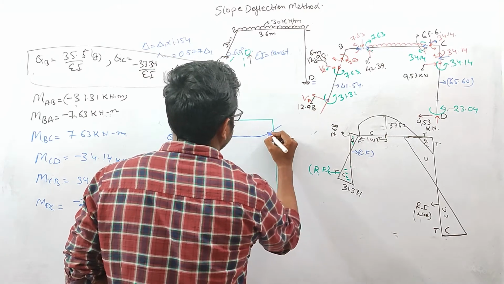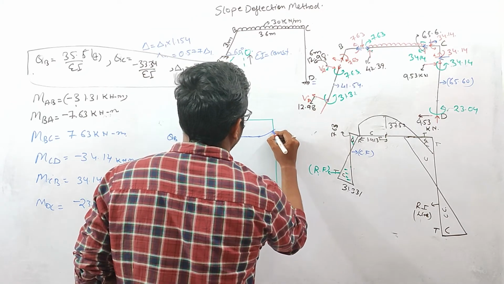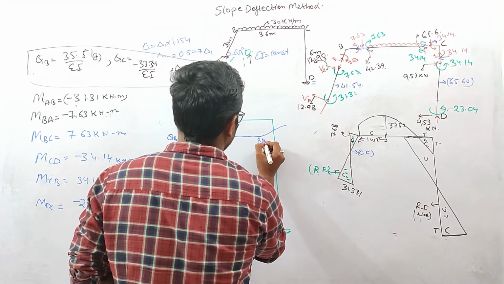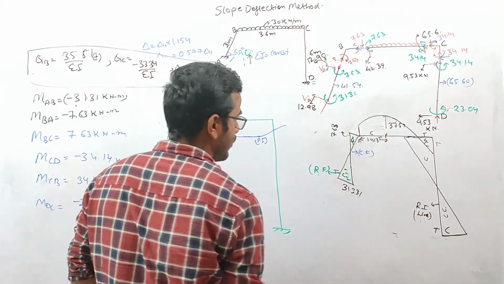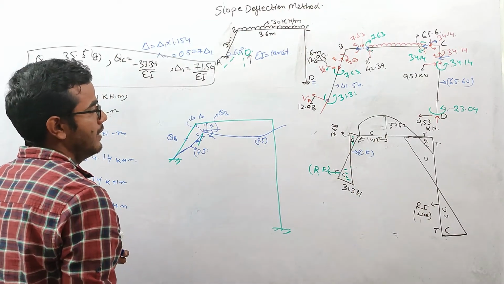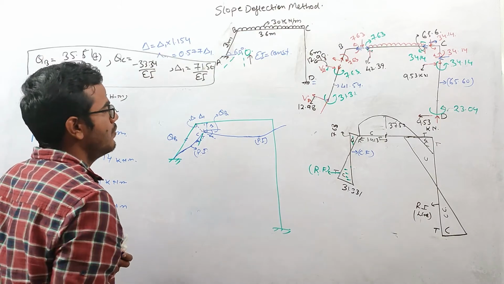And here there is some point of inflection in the deflection diagram, and point of contraflexure in the bending moment diagram. And the rotation at theta C is basically anticlockwise.